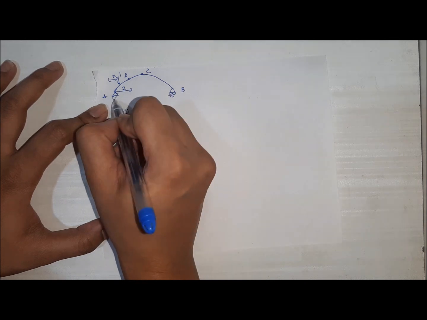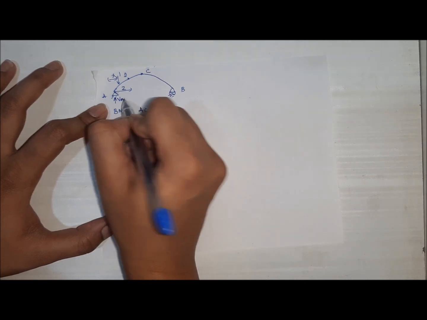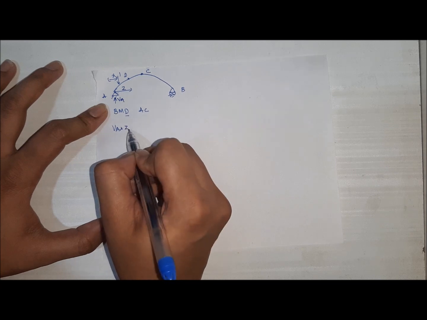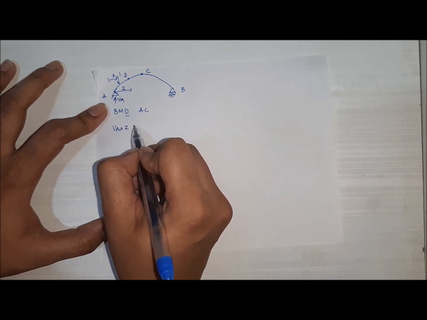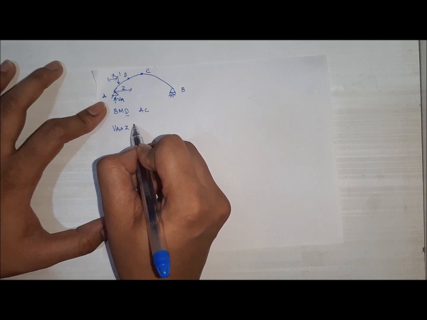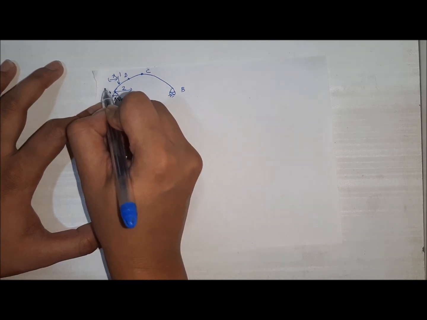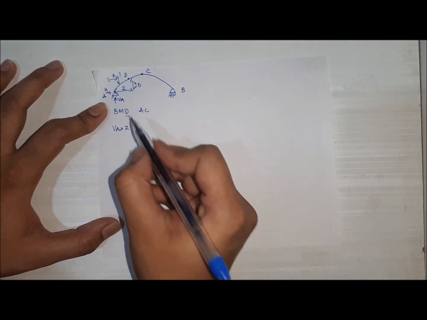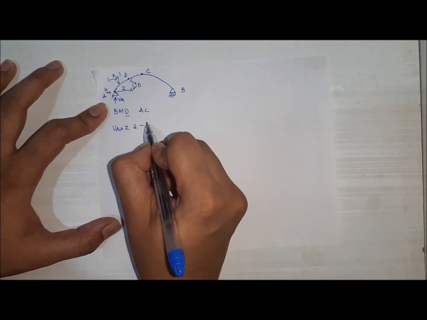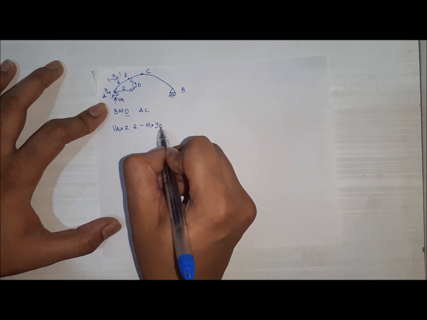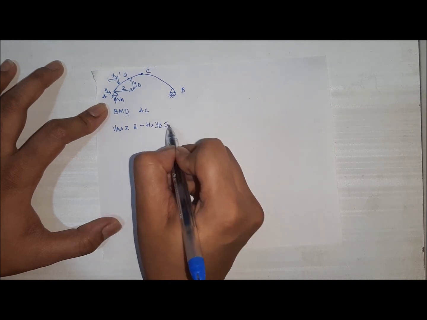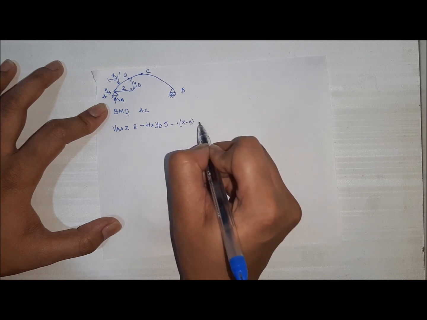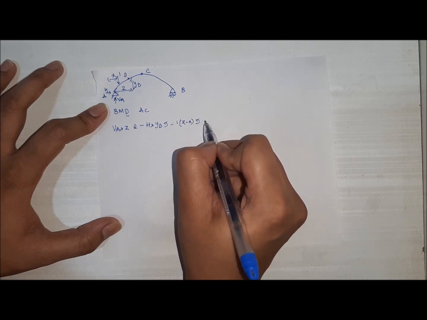Clockwise again we will take positive. So VA into Z, it is again clockwise. Also there was the H force, this height is YD. Minus H into YD, this is anti-clockwise, minus 1 into (Z minus x), again anti-clockwise.